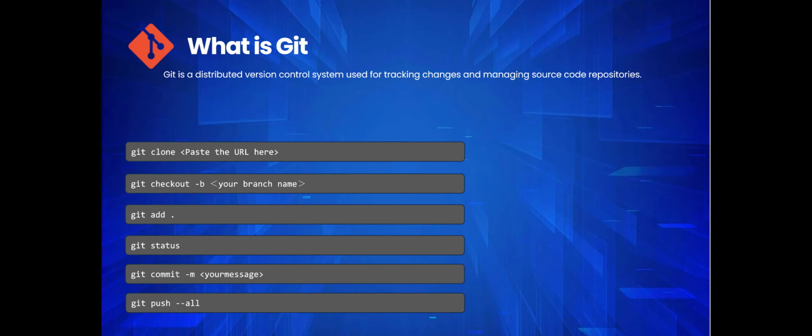Whereas the git status command is used to check the current status of your repository, including modified files and staged changes. Git commit creates a new commit to save the changes made to the code base, whereas the git push command is to upload local commits to the remote repository, making them available for others.